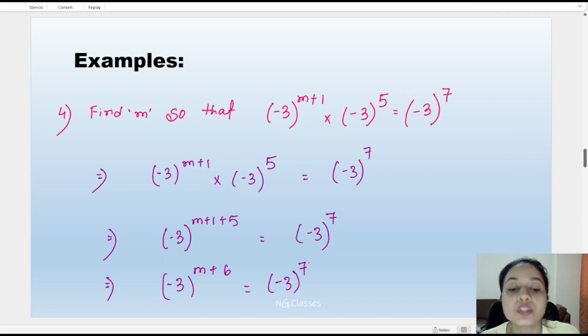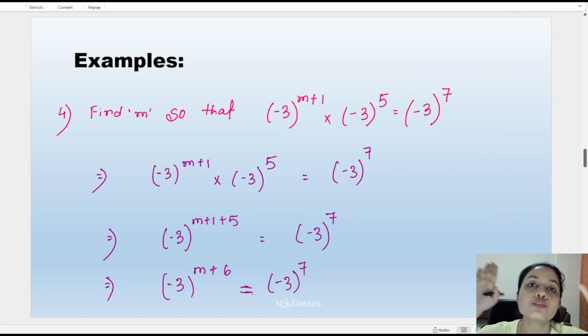Now, since both the sides have the same base, we can compare the powers. Why are we going to compare the powers? Because there is an equality sign in between. That means the value on the left hand side is equal to the value on the right hand side. That means m+6 must be equal to 7.